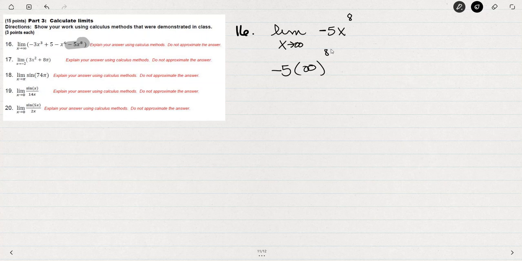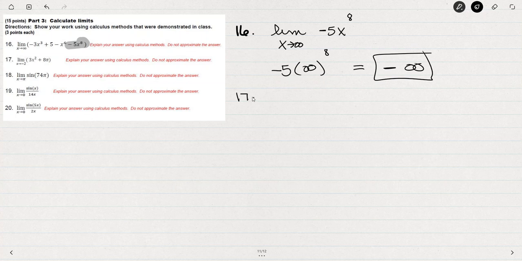Infinity to the 8th is infinity, and negative 5 times infinity is still an infinity, but we keep that negative, so it's going to be negative infinity.